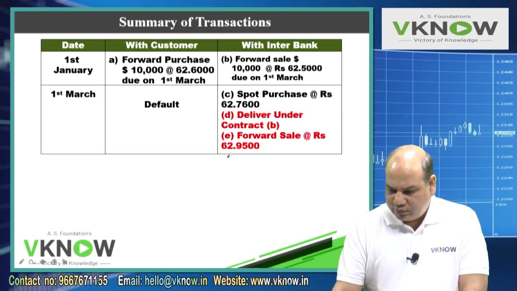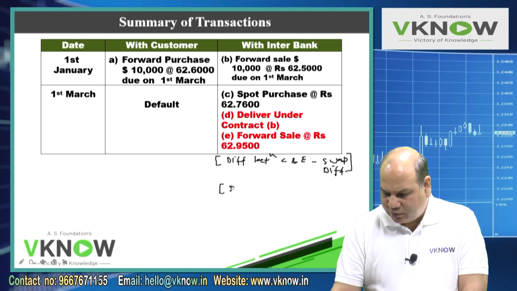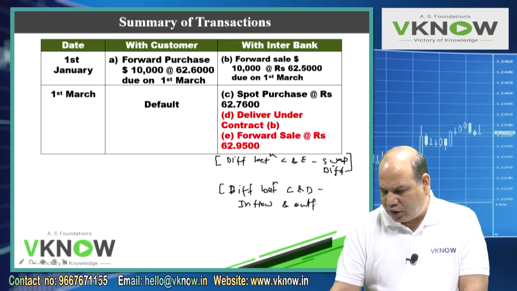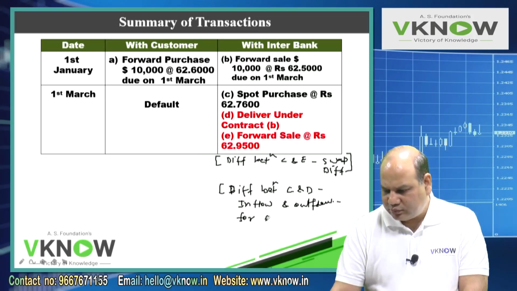For your understanding, if you are interested in writing here, the difference between C and E is the swap difference, and the difference between C and D is inflow and outflow for calculating interest.